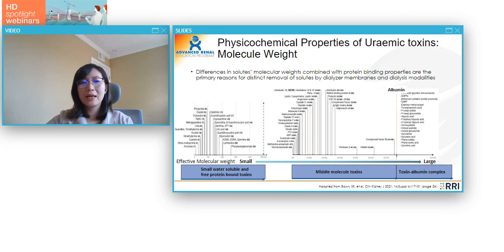So besides protein binding, uremic toxins also come with different molecular weights. I think this is no surprise to anybody. But molecular weight plus protein binding create a broad spectrum of so-called effective molecular weight, or effective size, from the dialysis membrane's perspective.